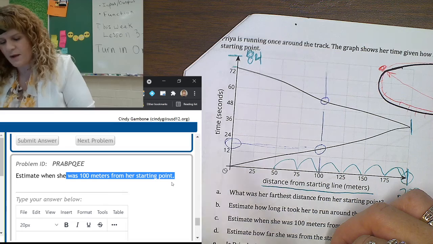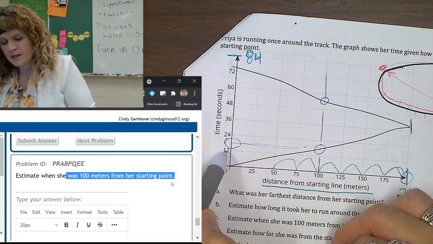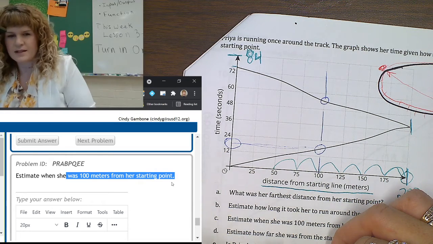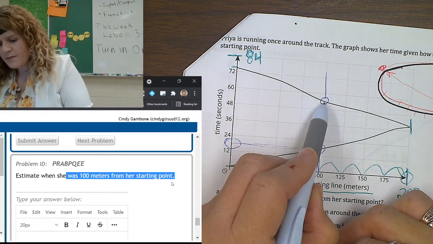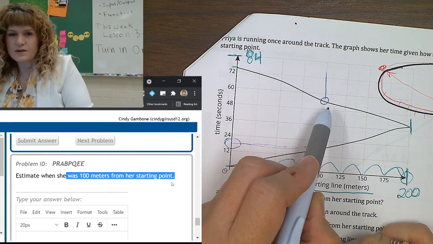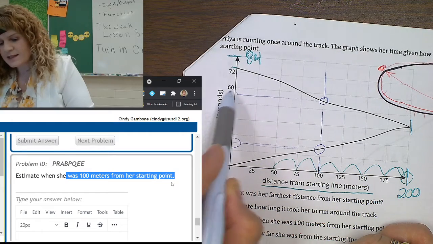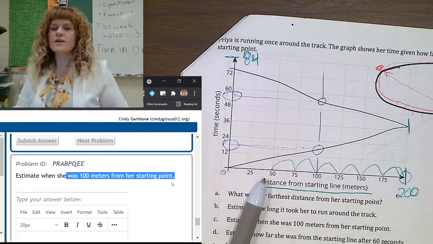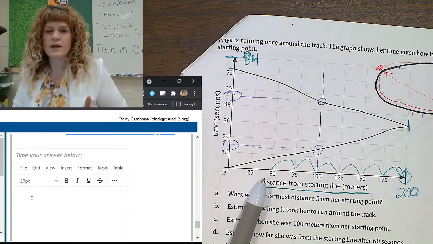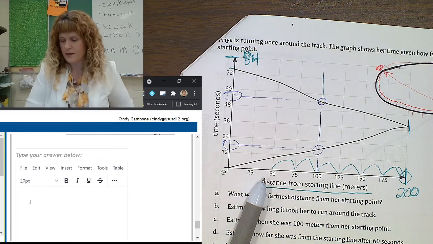I have to estimate what that is. It's between 12 seconds and 24 seconds. And then the other point where she is 100 meters from the starting point, that is between 48 seconds and 60 seconds. There are 2 points that are 100 meters from the starting point.